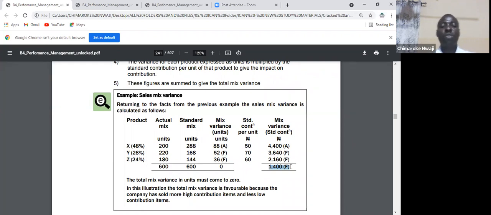So you see here, the total mix variance in units must come to 0. The actual and the standard at the same figure must be 0. When the actual and the standard are the same figure, this must be 0. And that shows that you have correctly applied these percentages well.